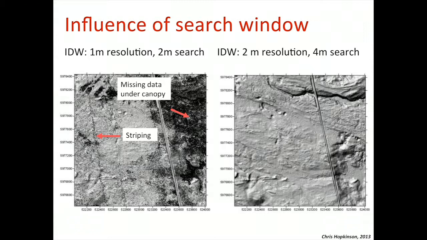When we increase it to a 4 meter search radius, then all of the gaps are covered and the entire surface is created. Now we could have used a triangulation interpolation. We could have just triangulated a surface across all of this and we would have ended up with something similar to this. But triangulation is a different type of interpolation. We may or may not want to use that. So the point that I'm illustrating here is that search radius matters if you're using an interpolator that requires a search radius.